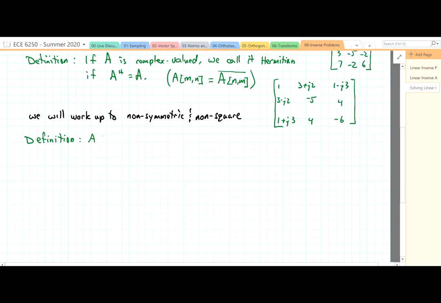It turns out that eigenvalue decompositions of symmetric and Hermitian matrices have some nice properties.